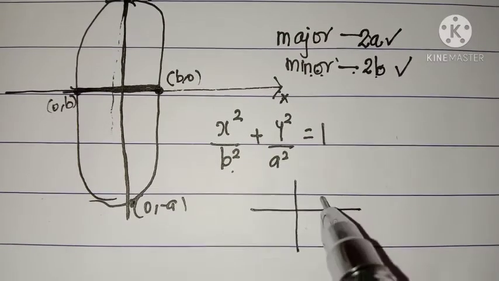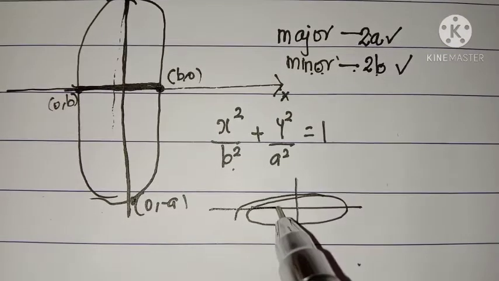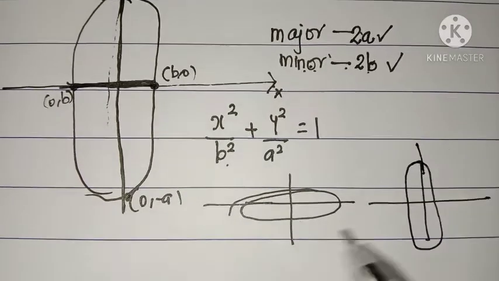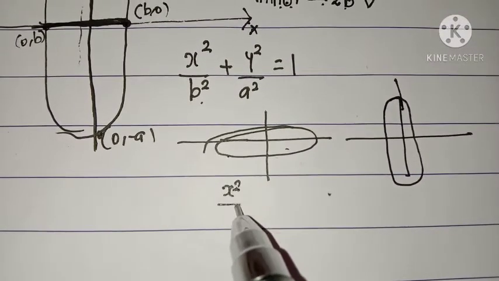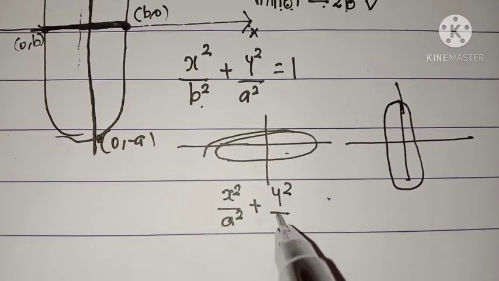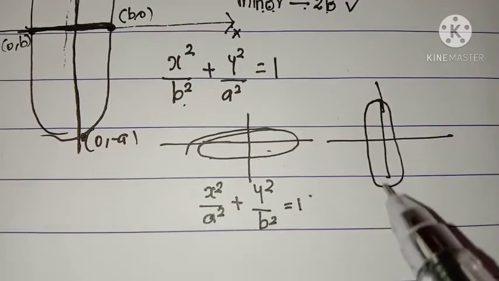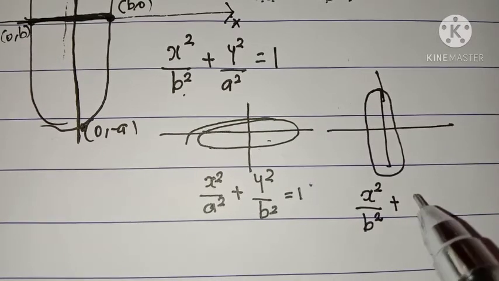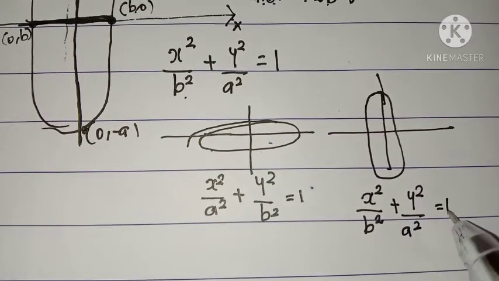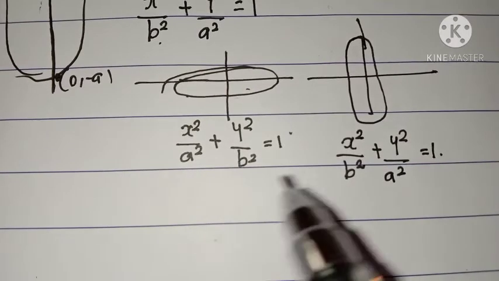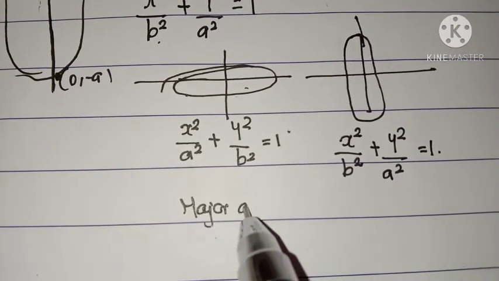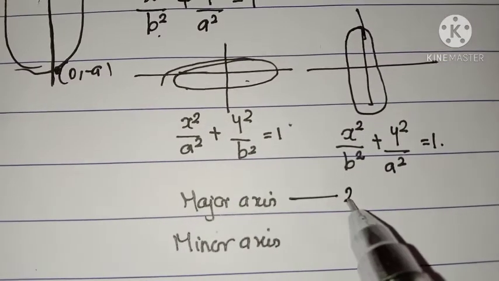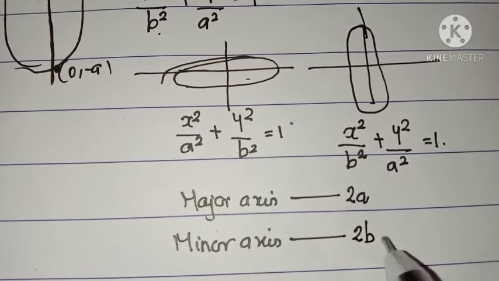One is major axis along the x-axis and the other is major axis along the y-axis. In the first orientation, the standard equation is x square by a square plus y square by b square equal to 1. In the second, the standard equation of ellipse is x square by b square plus y square by a square equal to 1. In both cases, the length of the major axis is 2a and the length of the minor axis is 2b.